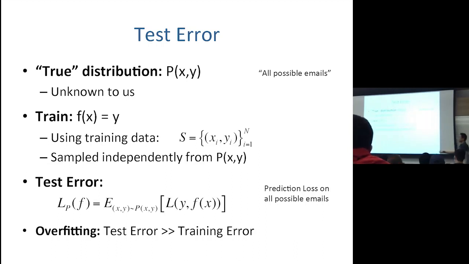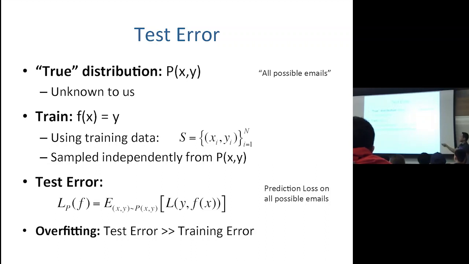What we're given is a finite sample from this distribution. We've collected a finite sample from this distribution. That's our training data. And in supervised learning, we typically make the assumption that every XY pair is sampled independently from the true distribution.